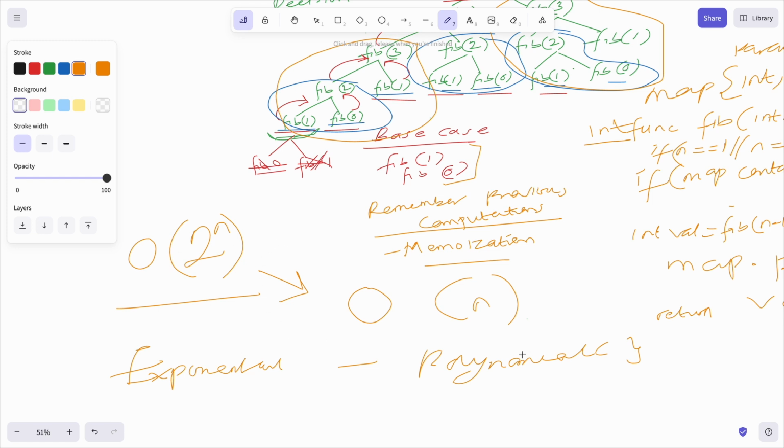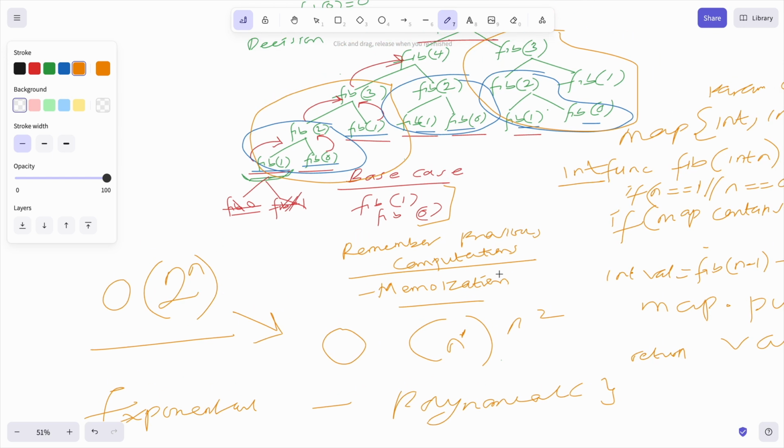It's no longer exponential, it now becomes polynomial. Polynomial in the sense of n raised to power 1, n raised to power 2, n raised to power 3, or some form of multiplication or some other analysis with n, but it's no longer exponential. So that's why this is good.